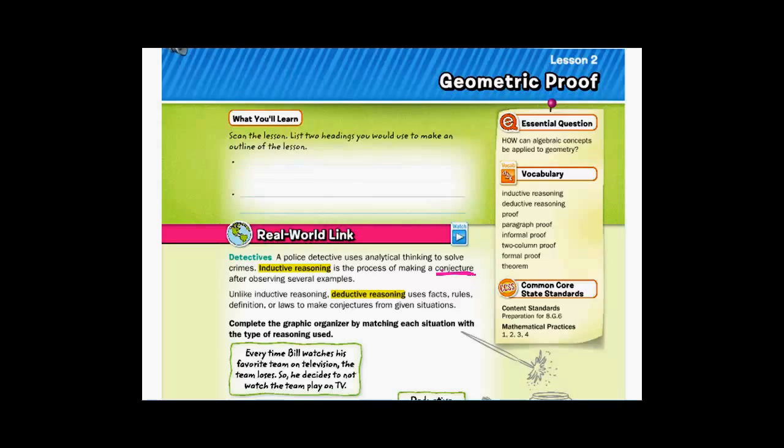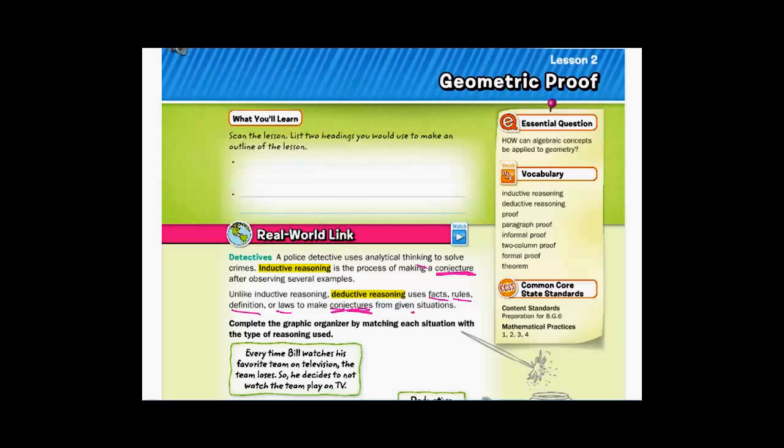Now, deductive reasoning uses facts and rules and definitions and laws to make conjectures, theories, thoughts, guesses, hypotheses from given situations. So inductive talks about observing and taking your observations, and you put your own thought on it after you see several examples.